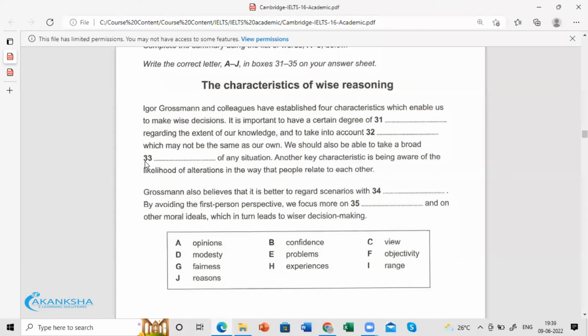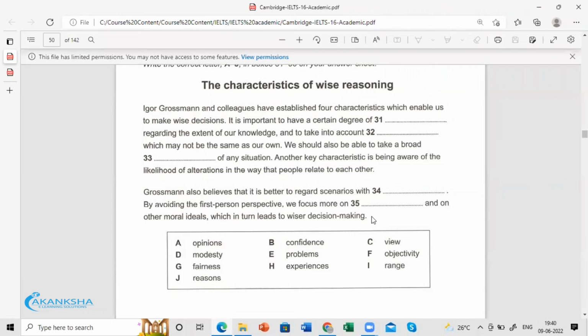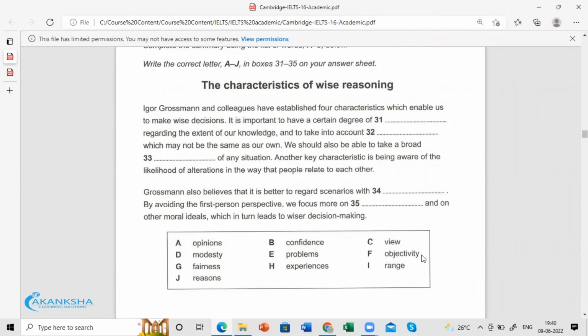So justice and impartiality is what he talks about. So that is regarding scenarios with being more specific. So the closest one here could be objectivity.